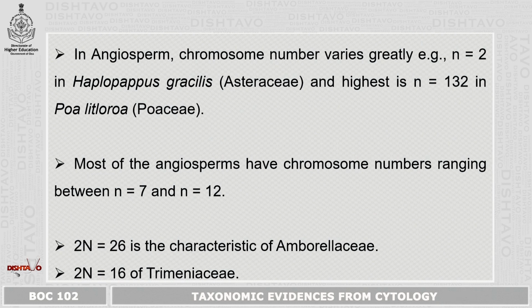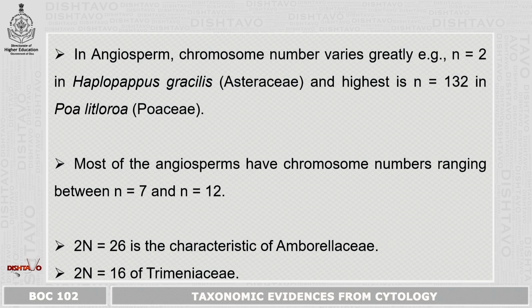In angiosperms, the chromosome number varies greatly, that is n is equal to 2 in Haplopappus gracilis, a member of Asteraceae, and highest n is equal to 132 in Poa litorea in Poaceae. Most of the angiosperms have a chromosome number ranging between n is equal to 7 and n is equal to 12.